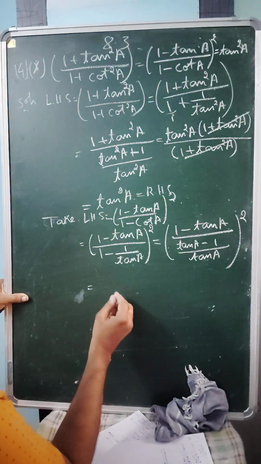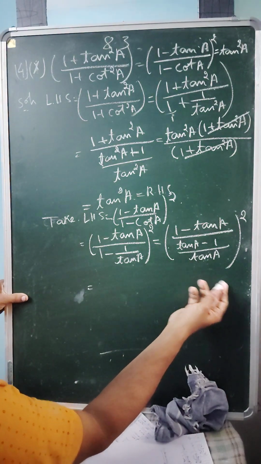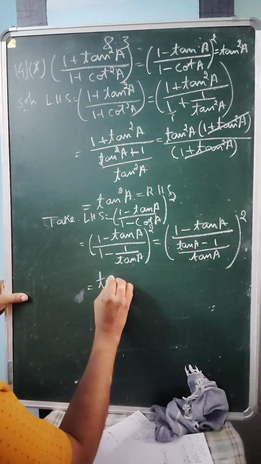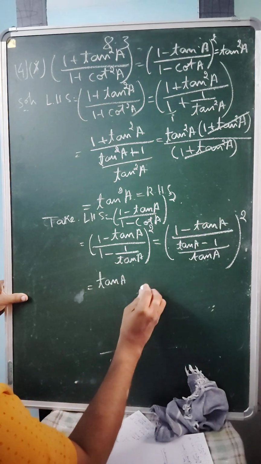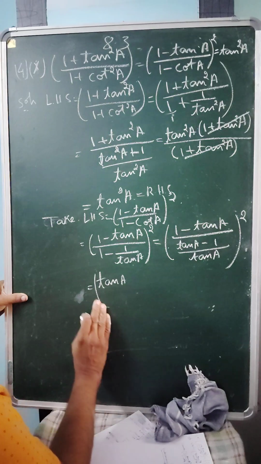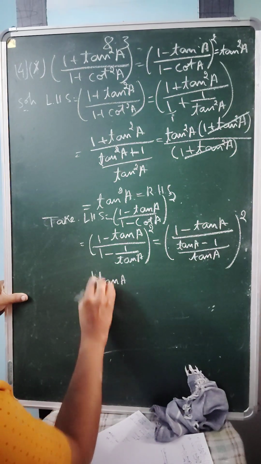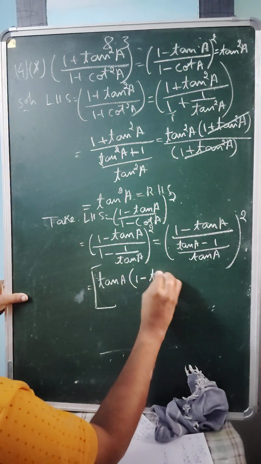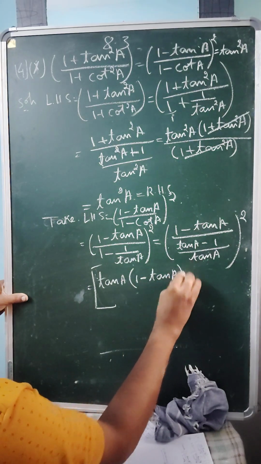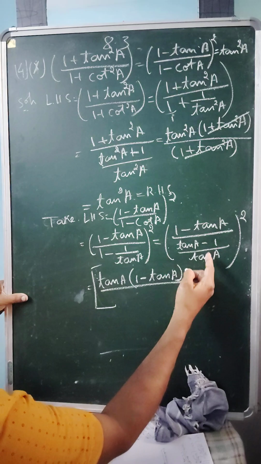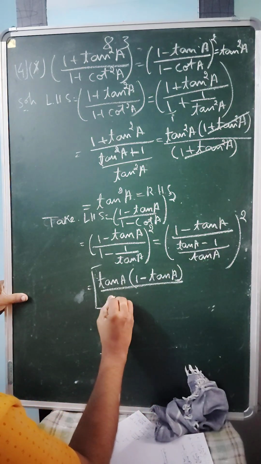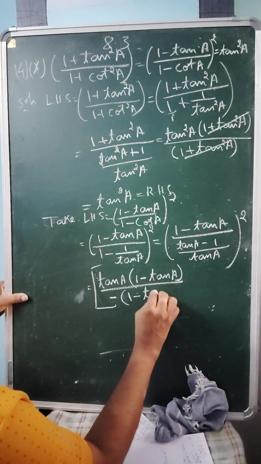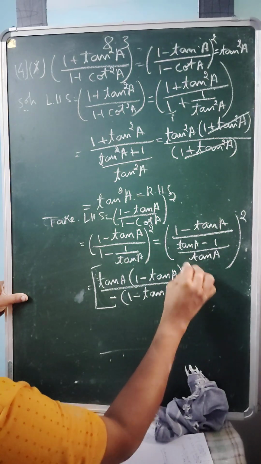This is equal to, I will take this one at the numerator: tan A into (1 minus tan A) whole divided by, I will take minus outside, (1 minus tan A) whole square.